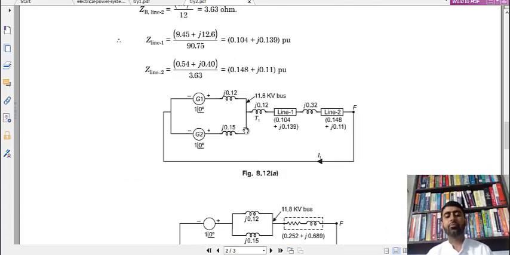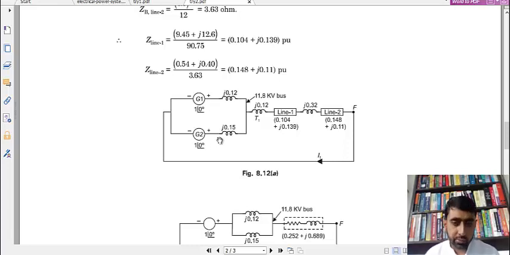So this is actually the same exercise which we have done in the first numerical, but in this case you are asked to find the voltage. It is found like this. It can be found another way also if you calculate this current by using the current divider rule. This voltage can also be equal to this minus this voltage drop, and that voltage drop will be equal to J 0.12 multiplied with this current.